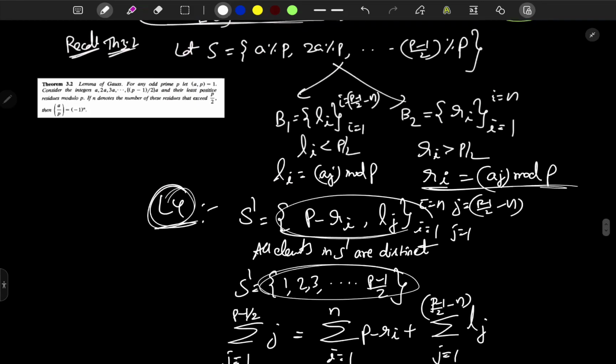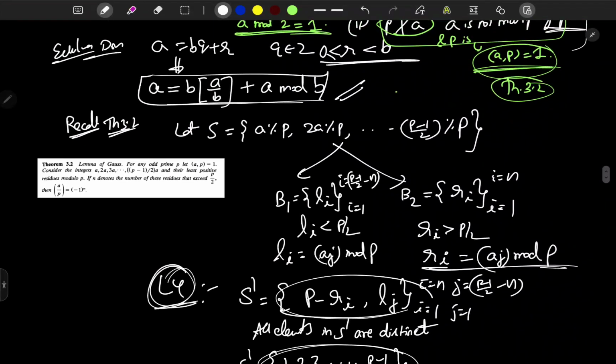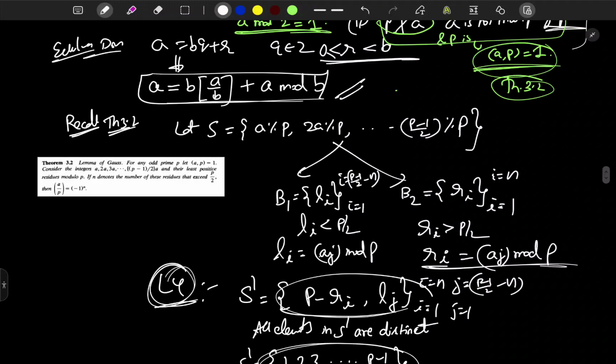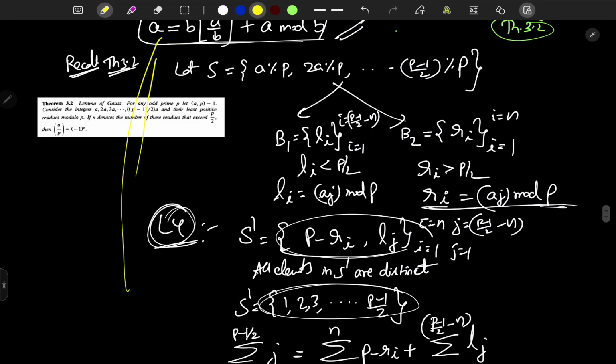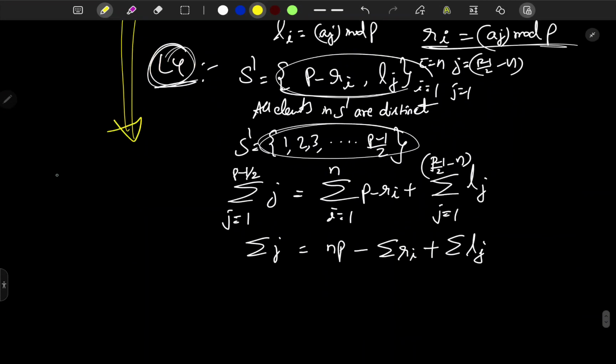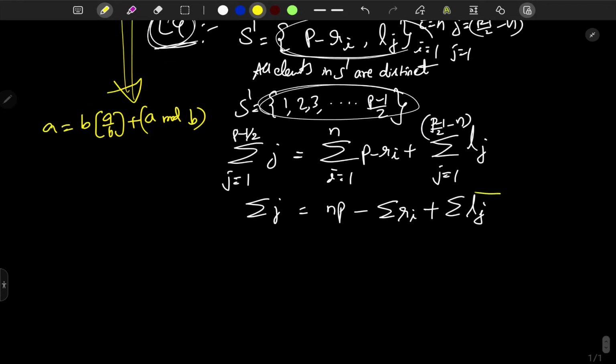Now consider this equation. What is it saying? This is equation 1, make it so.